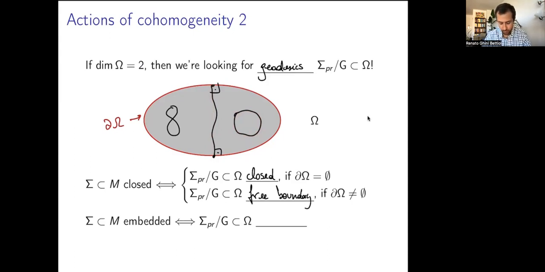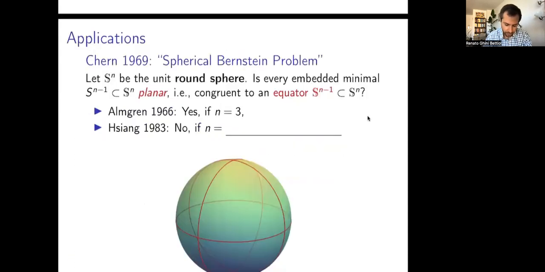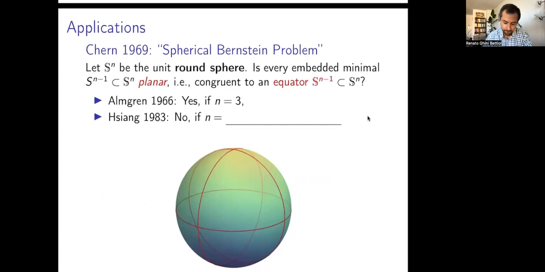Now, of course, if we want the submanifold upstairs to be embedded, we need the quotient to also be embedded. That's actually an equivalence. So the problem of looking for closed embedded minimal hypersurfaces in a manifold with an isometric group action corresponds, if the action is cohomogeneity 2, to looking for closed geodesics or free boundary geodesics which don't self-intersect.